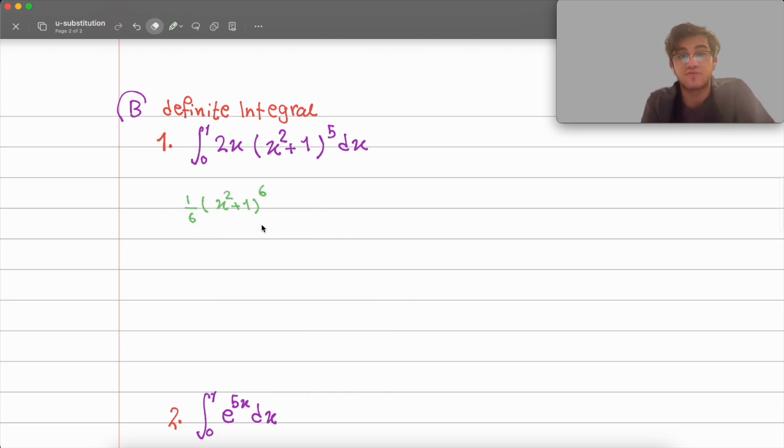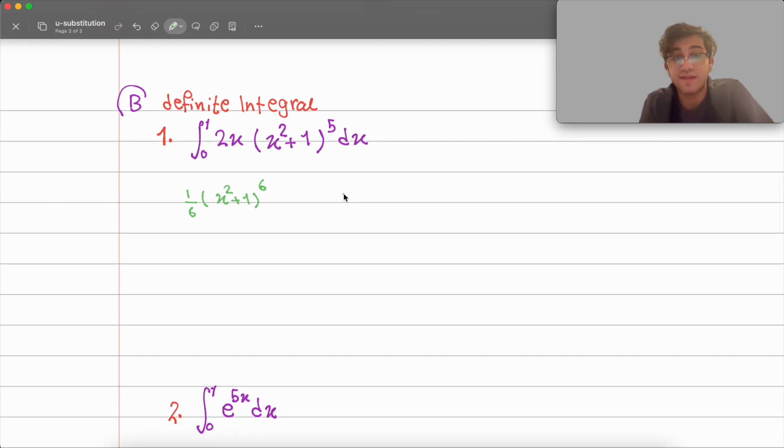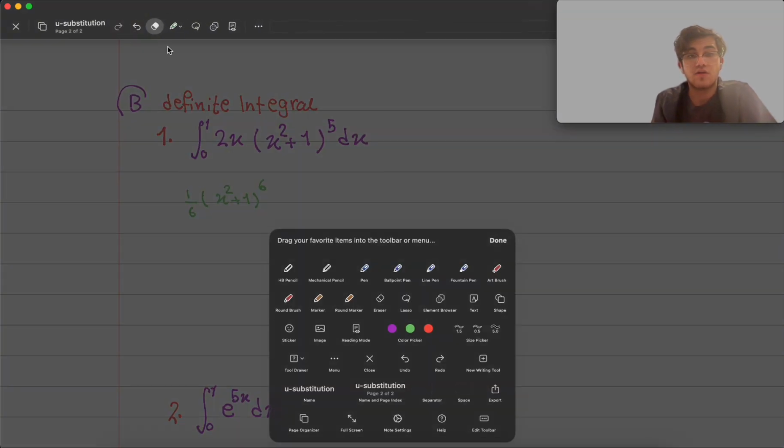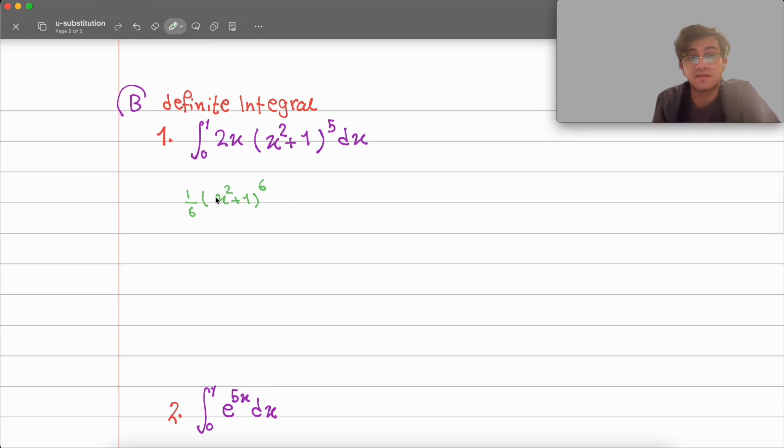So I just took it right here, and then I can evaluate this one from 0 to 1. So when we're dealing with definite integrals and we found the general expression, the evaluated form in terms of x, I just simply drew a line and put the bounds. So it's from 0 to 1.